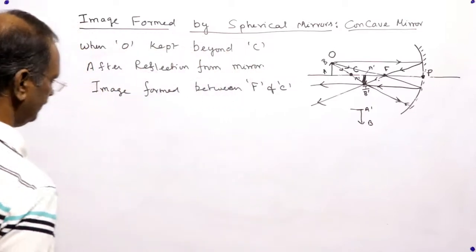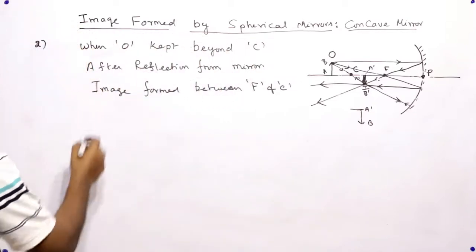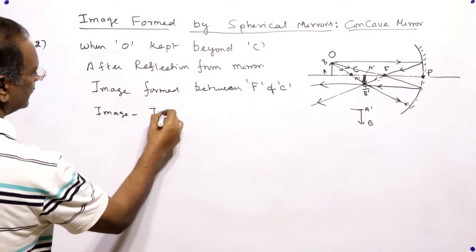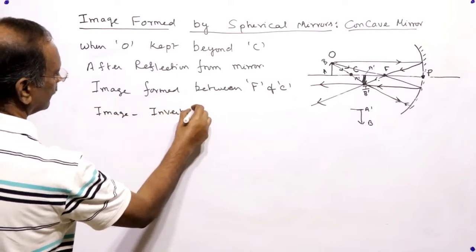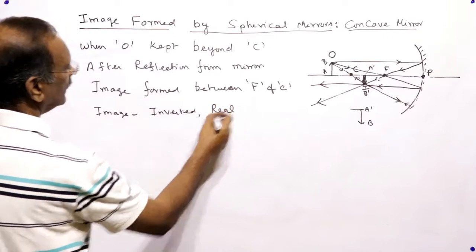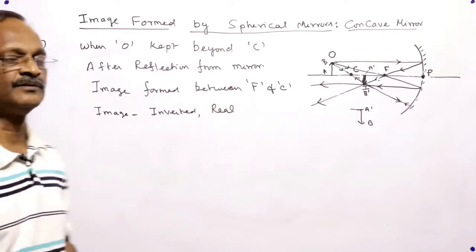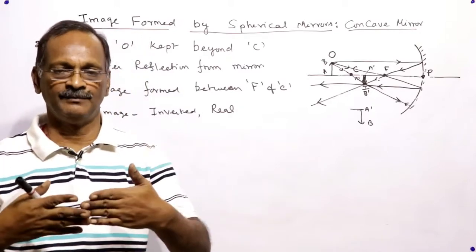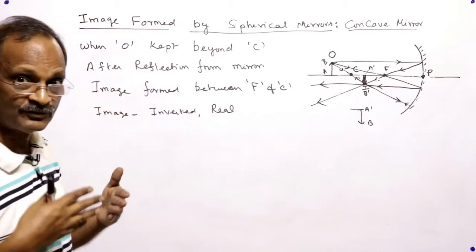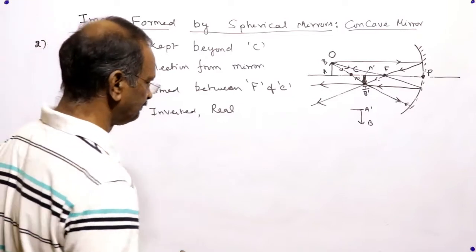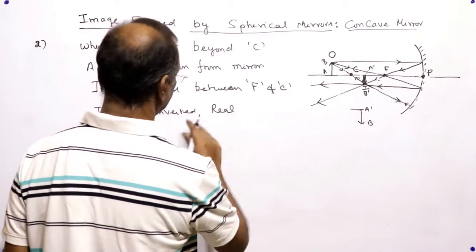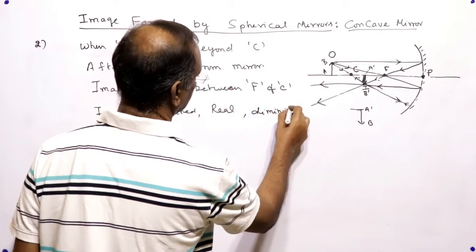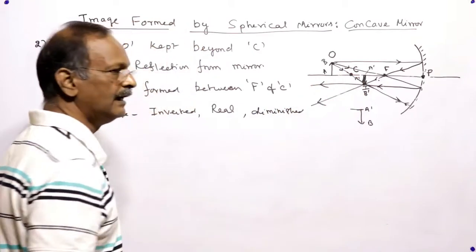What is the nature of the image? It is inverted, real. Why do we call it real? Because it is actually formed by the converging rays, that is, rays coming and meeting at a point. Actually they meet at a point, so it is real, inverted and diminished. Diminished means size smaller than the object.